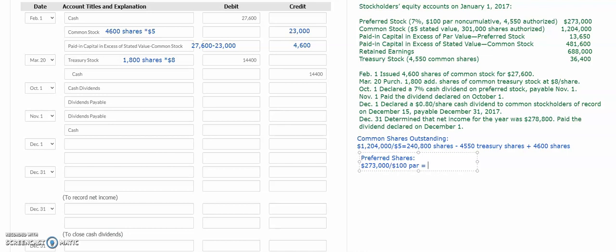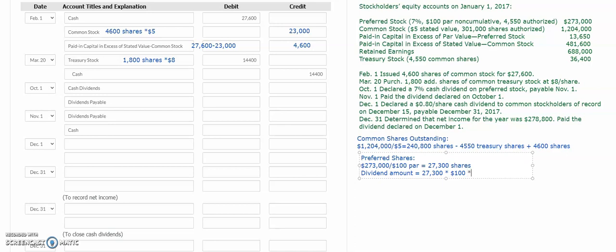So now we know that we have 2,730 shares. So to come up with our dividend amount, we're going to take the number of shares and multiply that by the par value, 100. So you can see in this problem it ended up being 273,000.